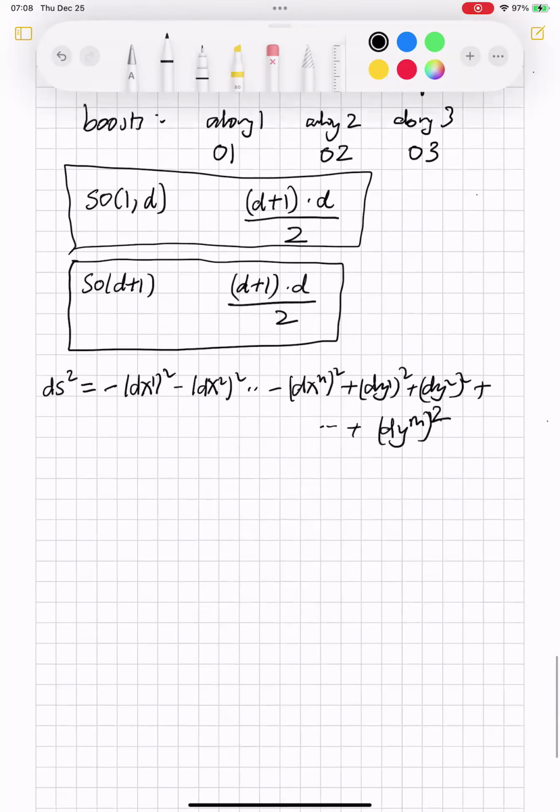So here there would be lots of time directions you could use to do boosts. You could do rotations between the different time directions. You could do rotations between the space directions. So a big group.